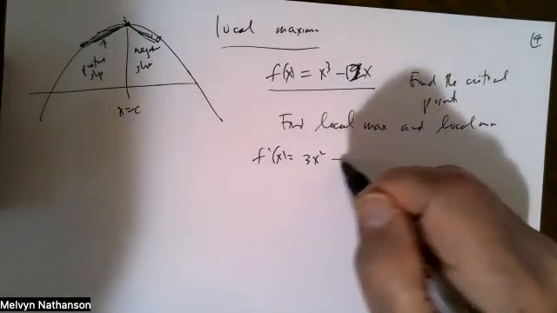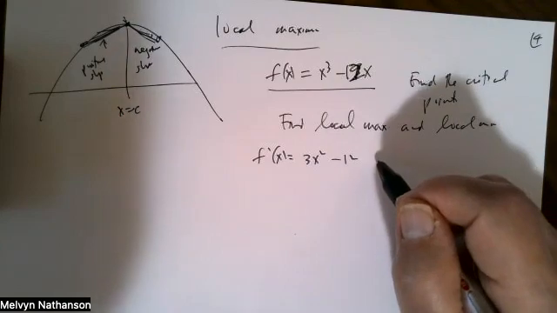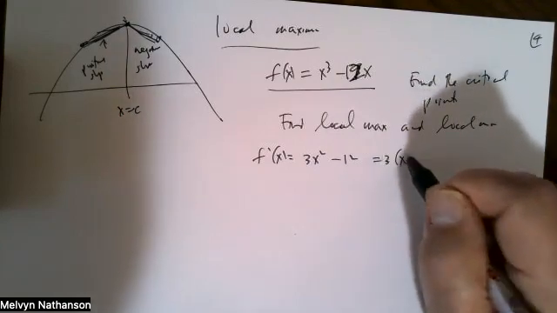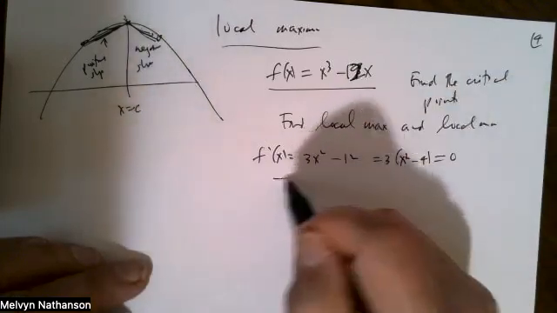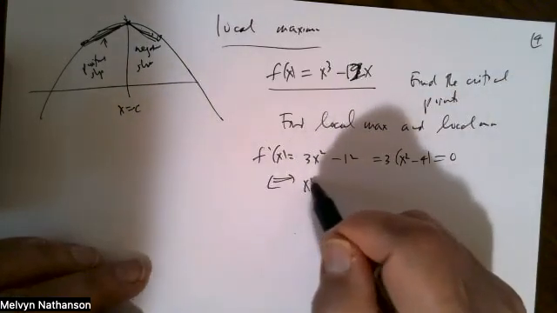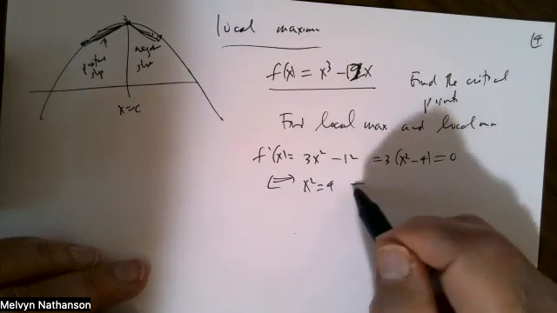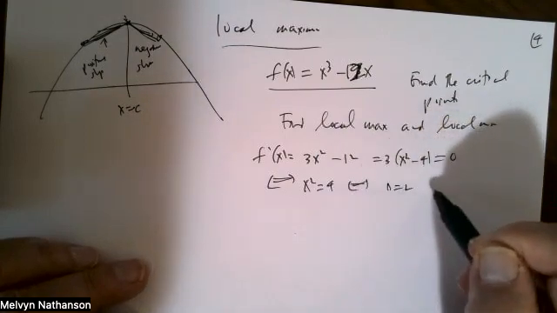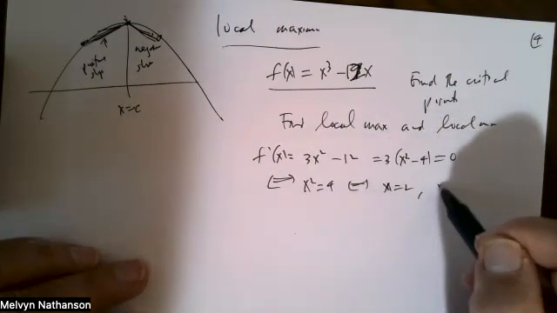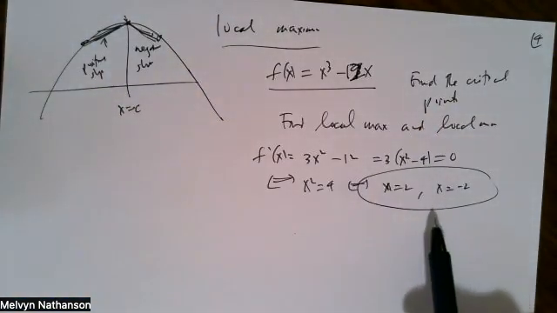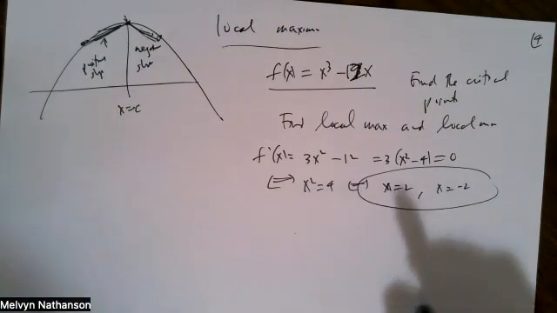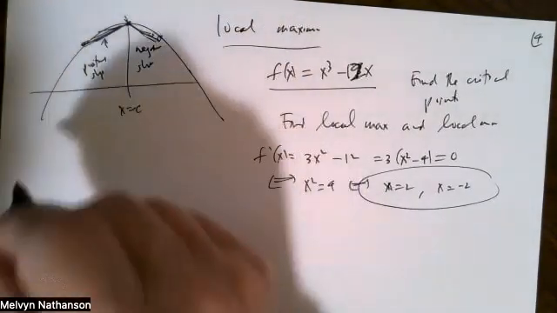So f'(x) is 3x squared minus 12, which is 3 times (x squared minus 4). And that equals 0 exactly when x squared equals 4, or x equals 2, or x equals −2. So these are the critical points. These are the points where this derivative is equal to 0.